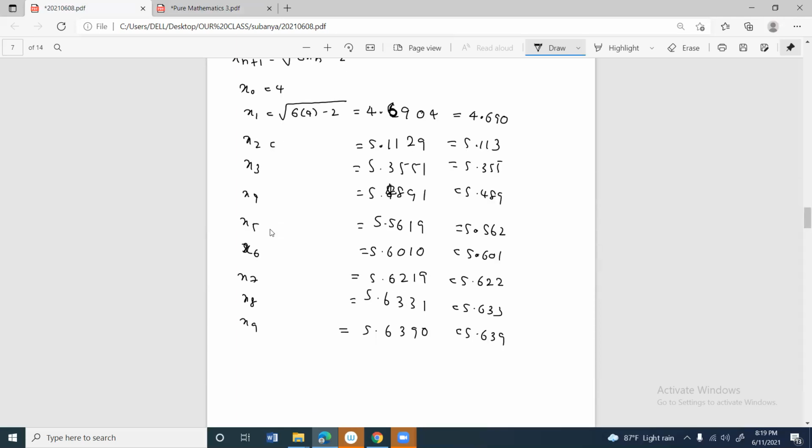If you go a little bit further, x_10 is 5.6422, that is 5.642.